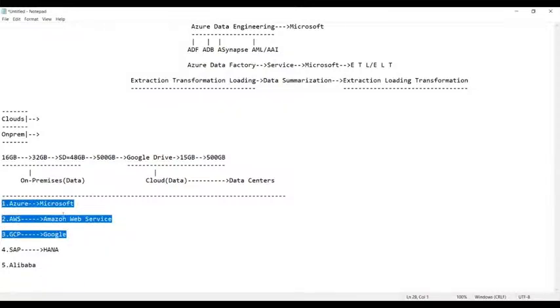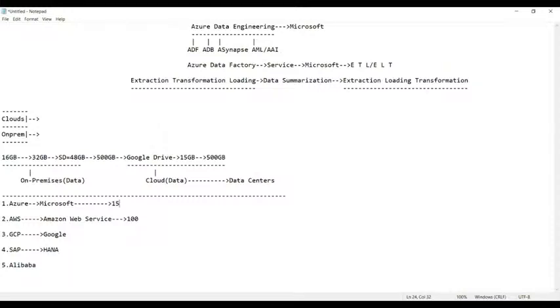Amazon was number one before. Now it has come down to the second position, and you can say almost even to the third position. Why? Amazon is more costly. The job which you can do here requires 100 rupees, and the same service is provided by Azure for 15 rupees.